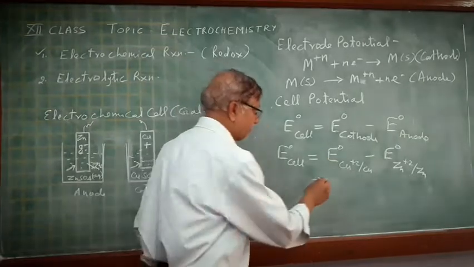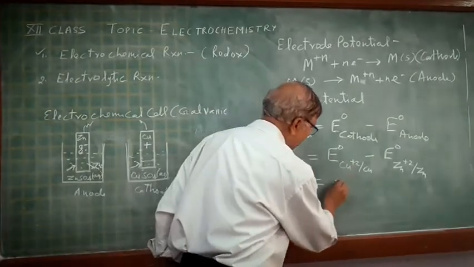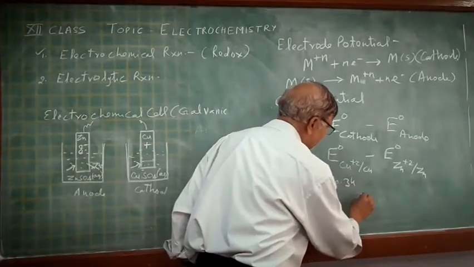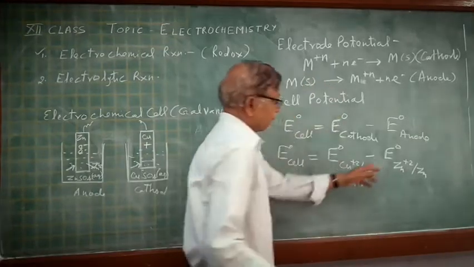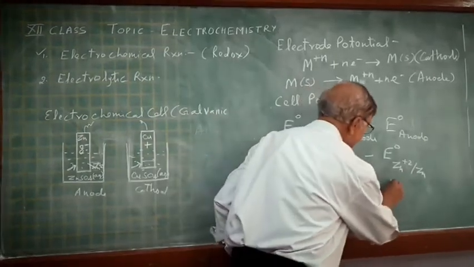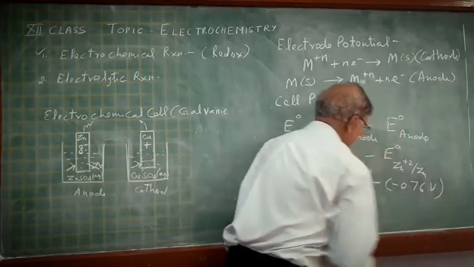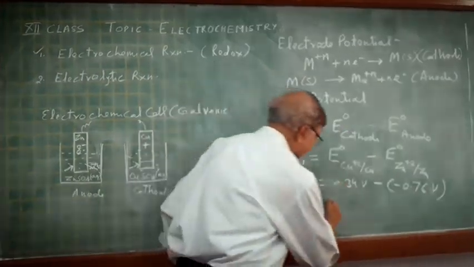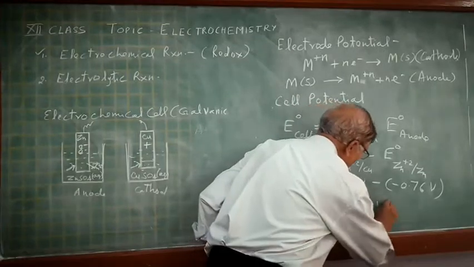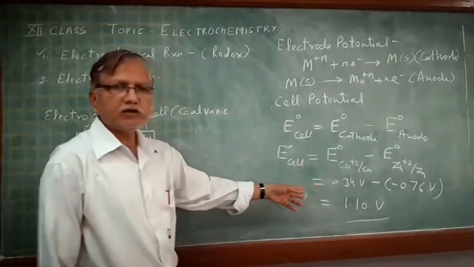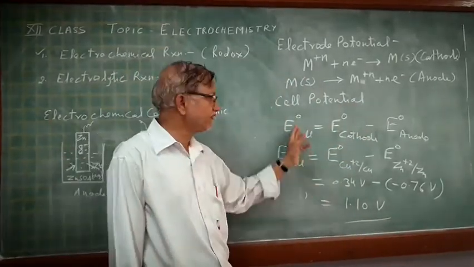So learn that the E0 value of copper is 0.34 volt and for zinc is -0.76 volt. So it becomes 1.10 volt. This is the E0 potential value of the galvanic cell.